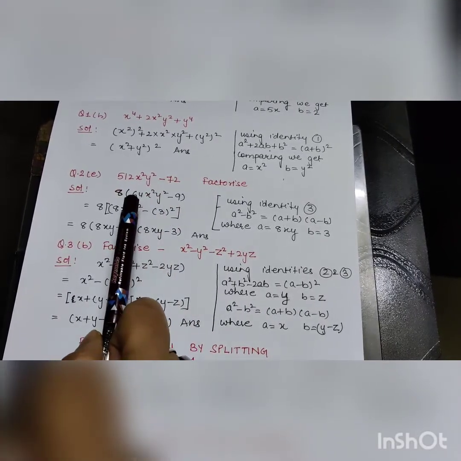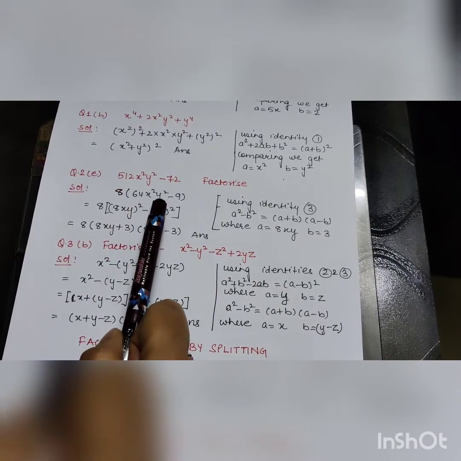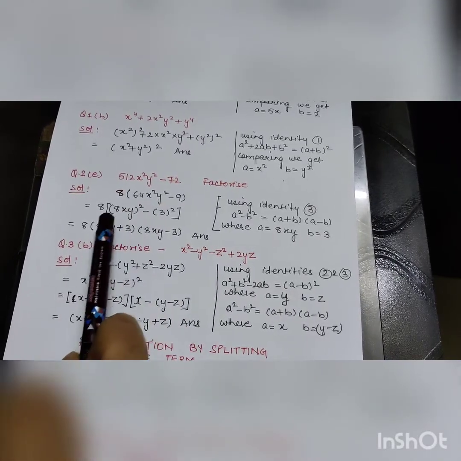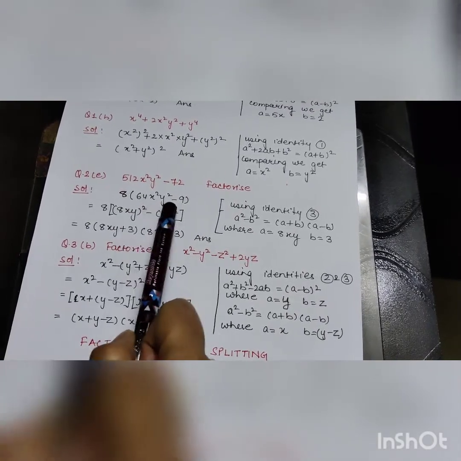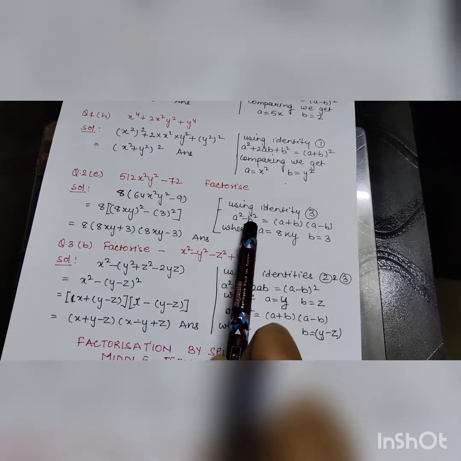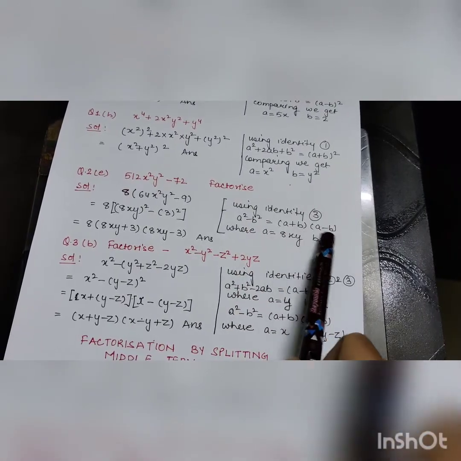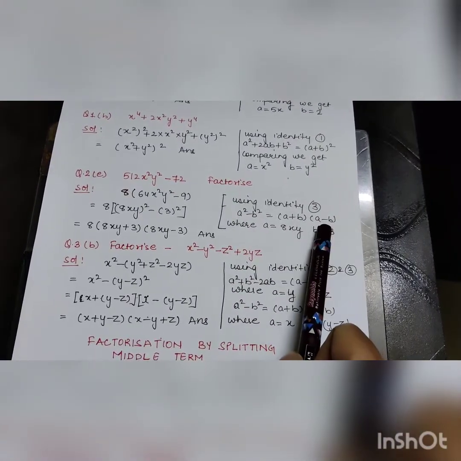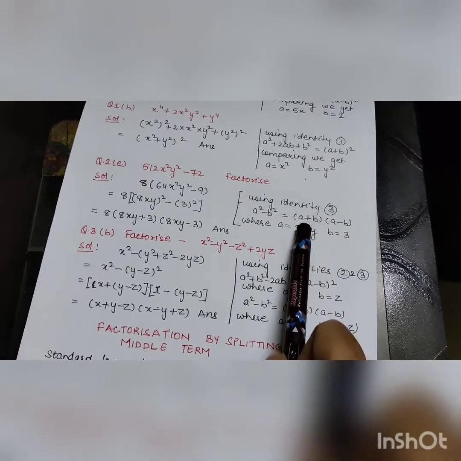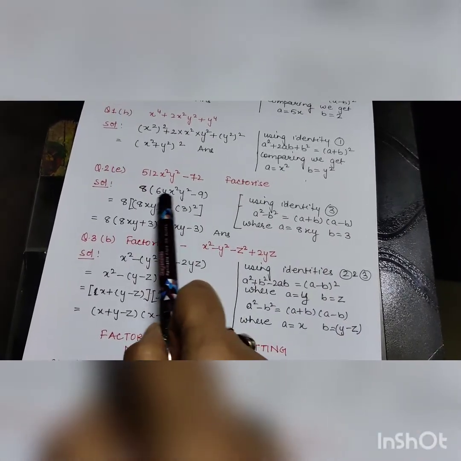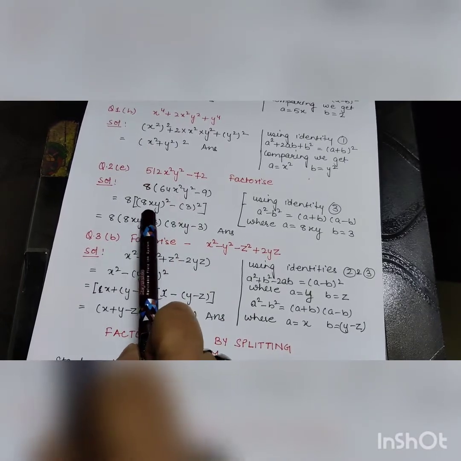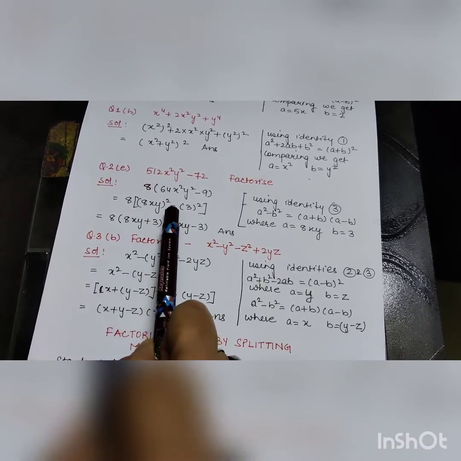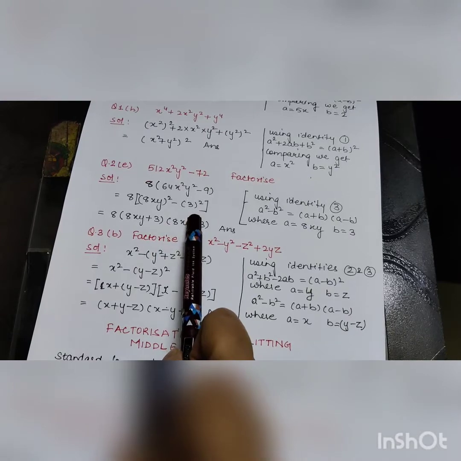Now 64 is the whole square of 8. x square y square is the whole square of xy. So we can write it in the form of a square because here we can use the identity a square minus b square equal to a plus b into a minus b. So we are going to use this identity over here. So let's write them in the form of a square. 64x square y square is equal to 8xy whole square, and 9 is the square of 3.